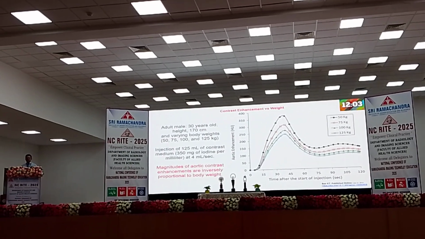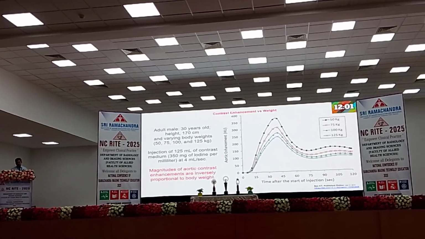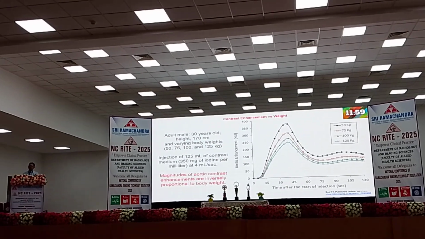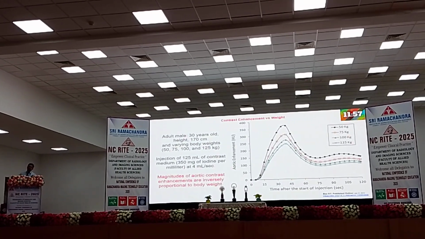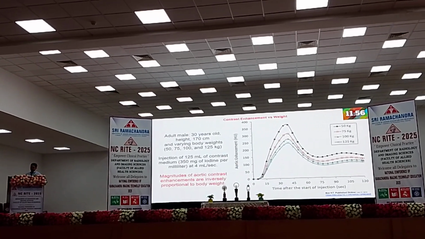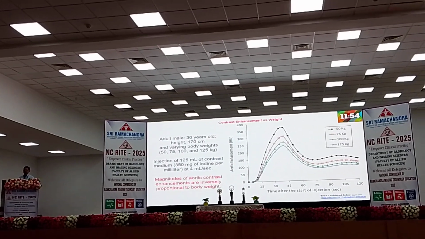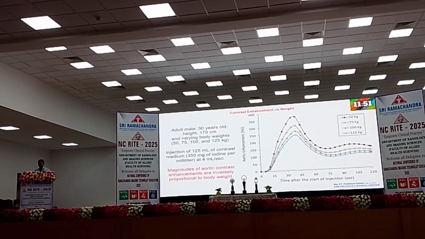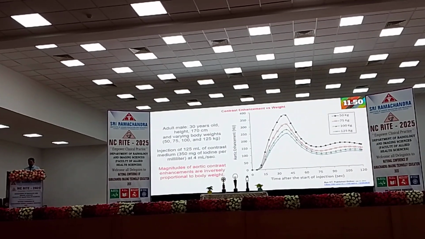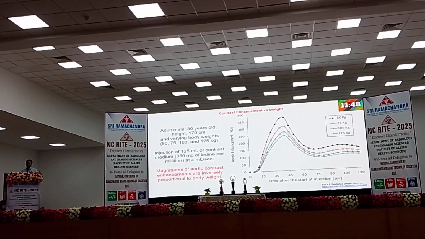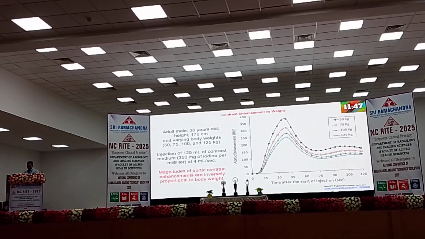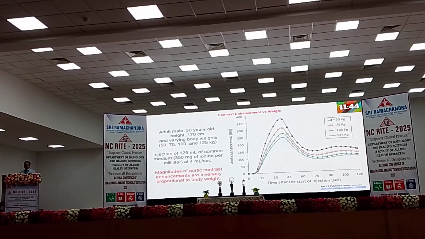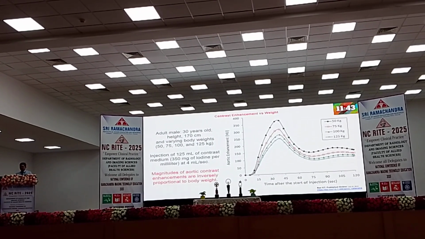So what is the reason behind this result? You unnecessarily injected 125 ml of contrast to the 50 kilo patient. That's one reason. The second reason, you wanted to get an enhancement of between 250 to 300 Hounsfield unit, but for the 125 kilo patient, the 125 ml you injected is not sufficient.